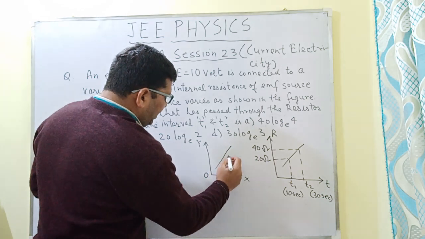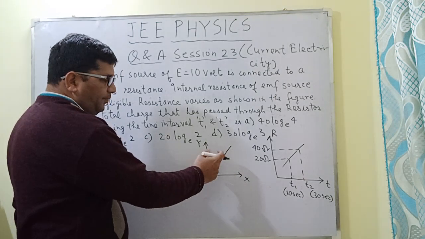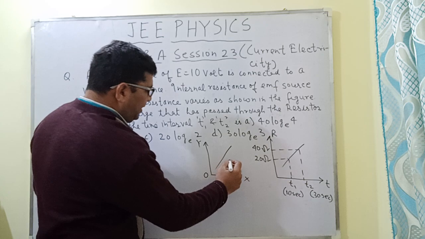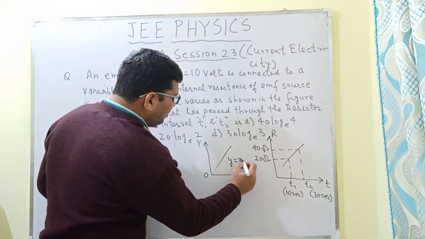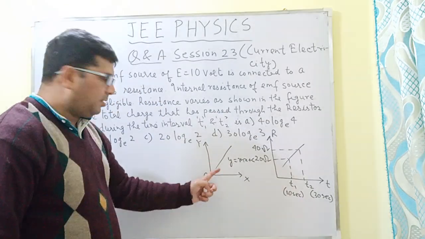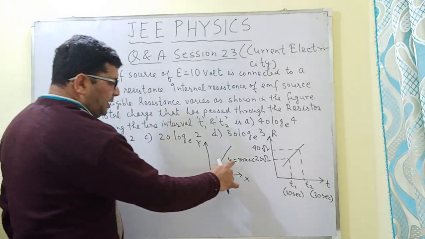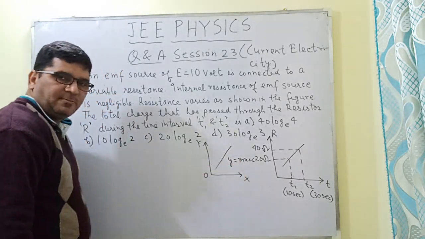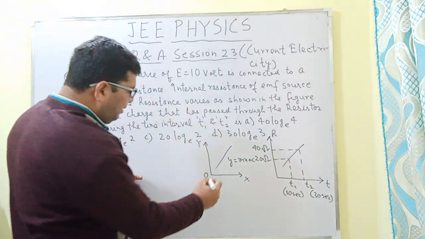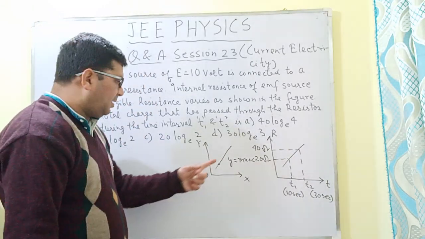The equation of a straight line, as we have learned in coordinate geometry, is y is equal to mx plus c, where y and x are the coordinates of any point which is lying on this line.